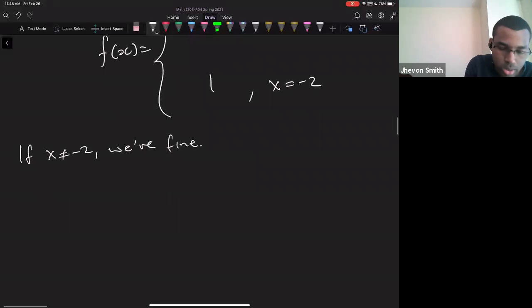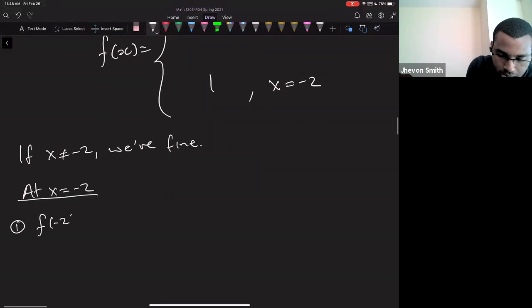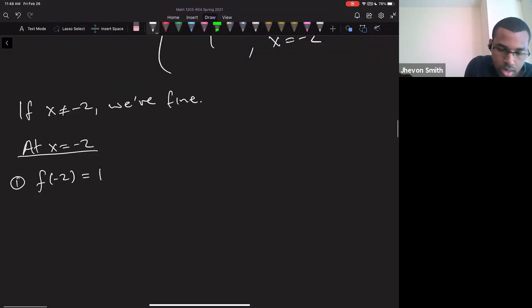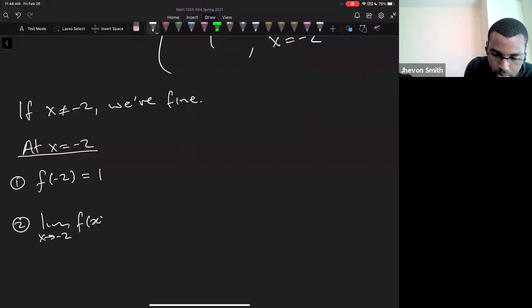So now I just go to x equals -2. 1, what is the value of the function? F of -2. Well, if I look at the definition, it is 1. So 2, find the limit as x approaches -2 of f of x.